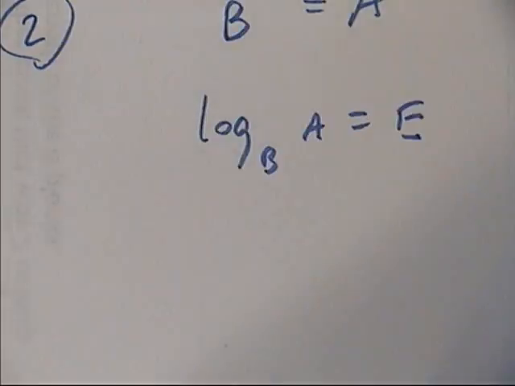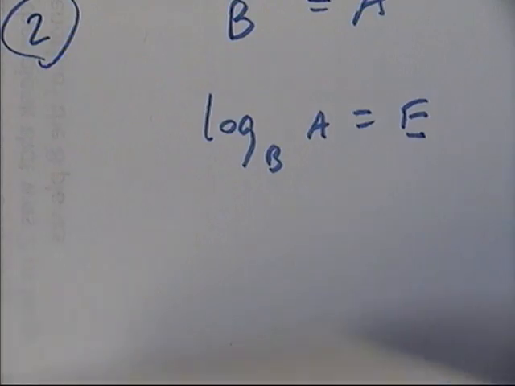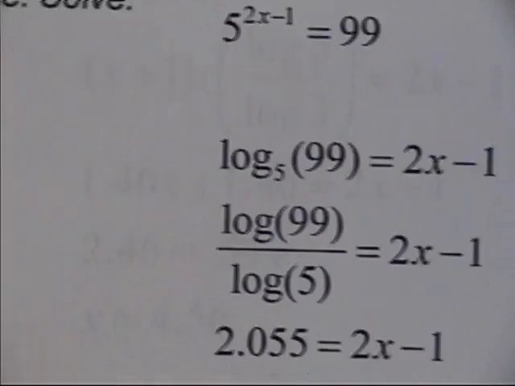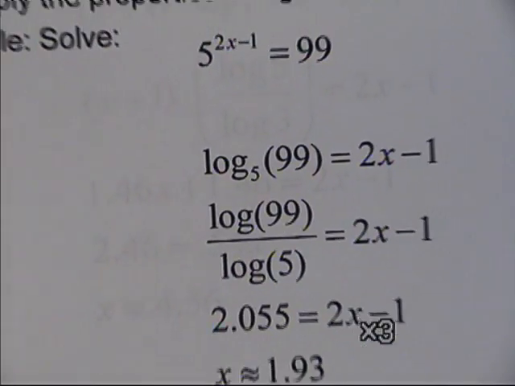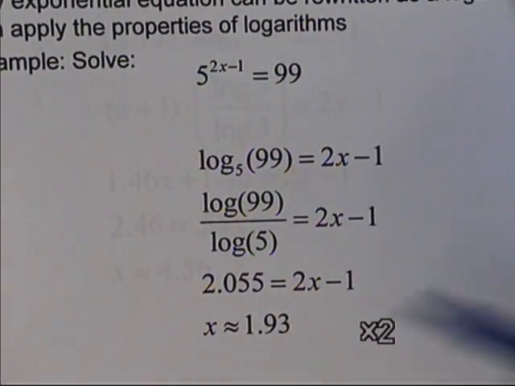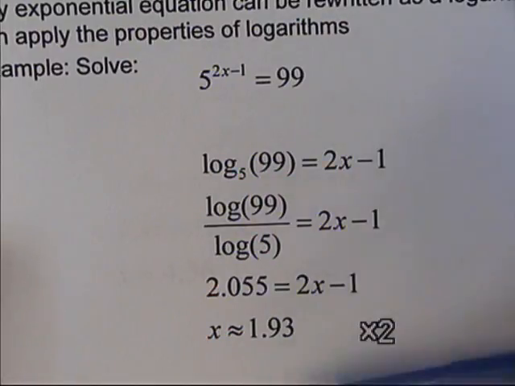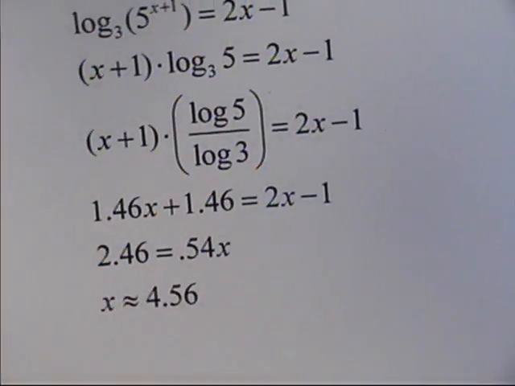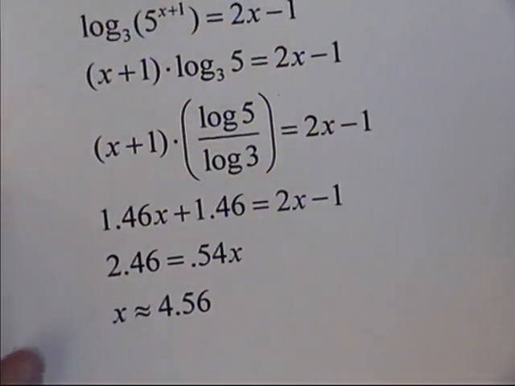Now let's try the other technique. Here's an example of that on this page, but I'm going to do a whole problem from beginning to end. All right, number 3.